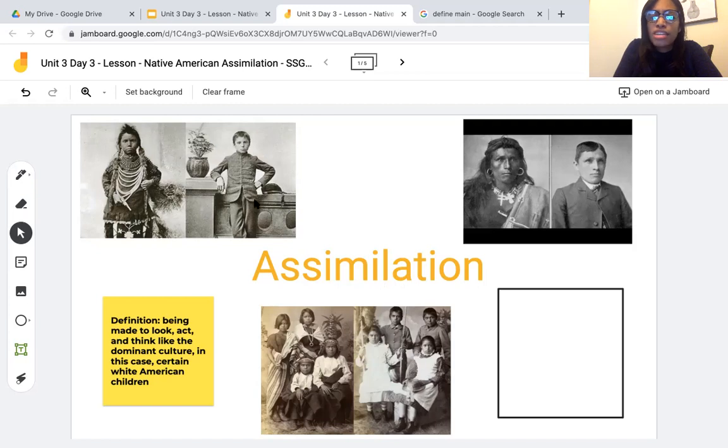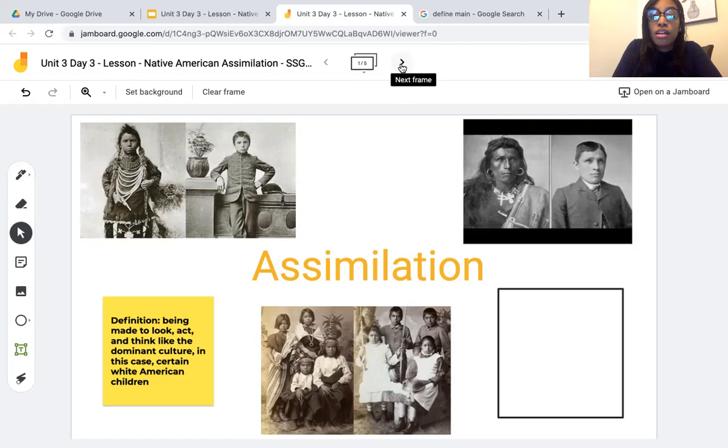Okay, so we see changes in clothing, changes in hair. And then you want to reveal the definition to the students, which is being made to look, act, and think like the dominant culture. In this case, certain white American children. And they can really pick that up and they'll be able to really connect to the word assimilation.